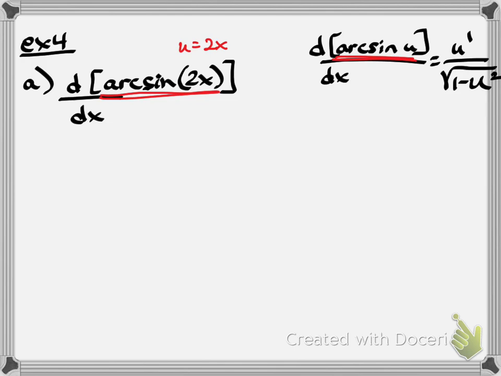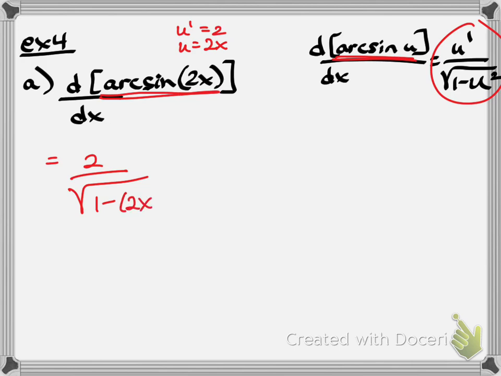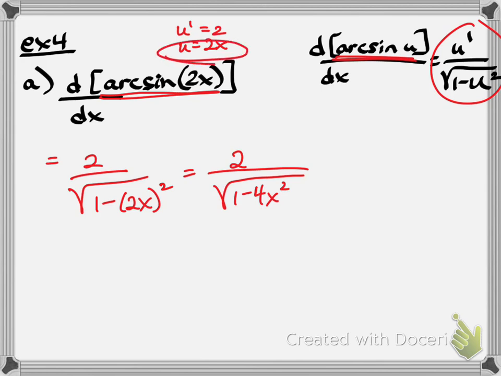So now we can fill in this part of the formula. U prime would just be 2. So that's the numerator, over the square root of 1 minus, this is our u, the 2x squared. And we would just clean it up just a tiny bit and call that the square root of 1 minus 4x squared. And you could have squared this before you put it into your formula.